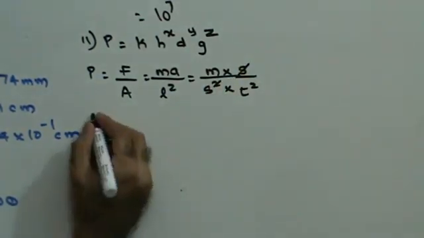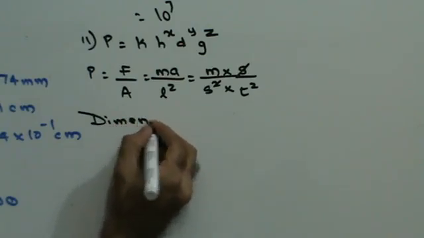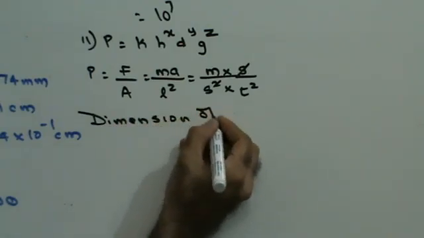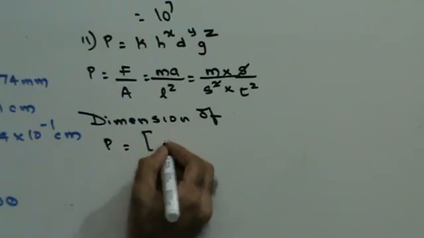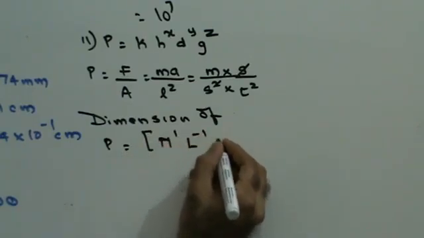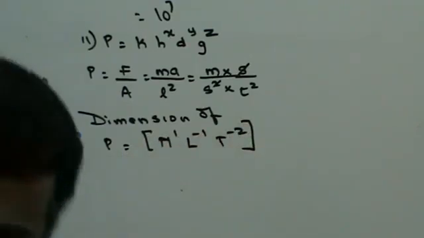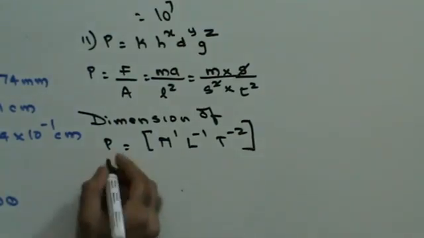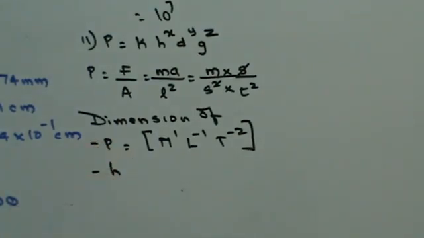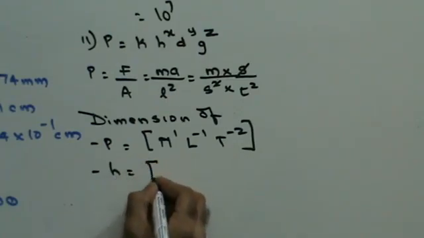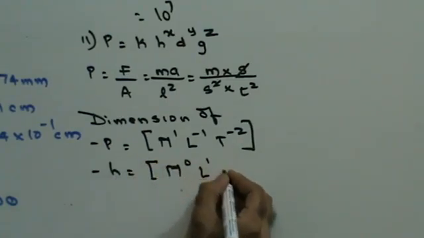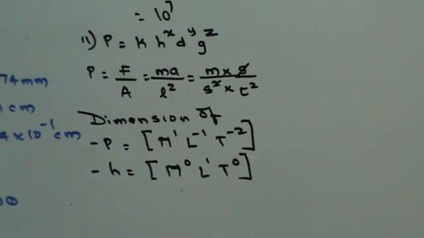So in that case I can say that dimensions of pressure will be m1 L minus 1 T minus 2. Fine. Next, dimensions of height. Height is going to have only L in it, m0 L1 T0.